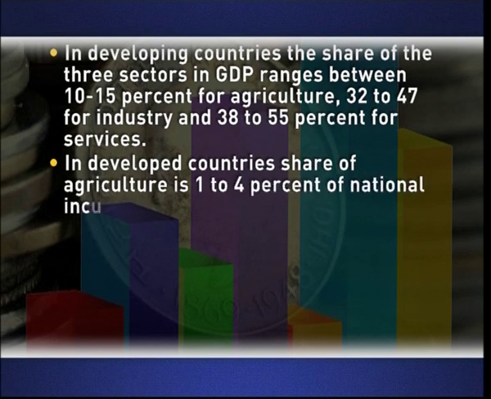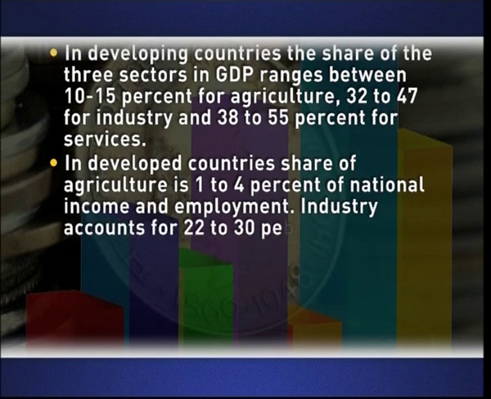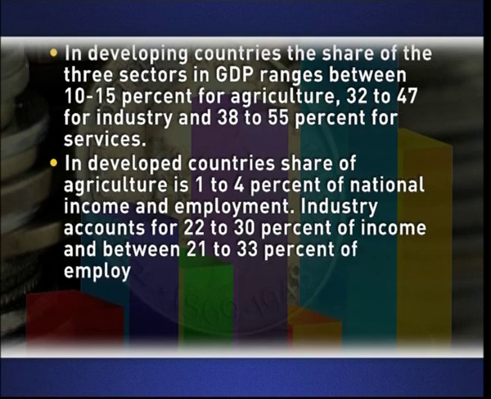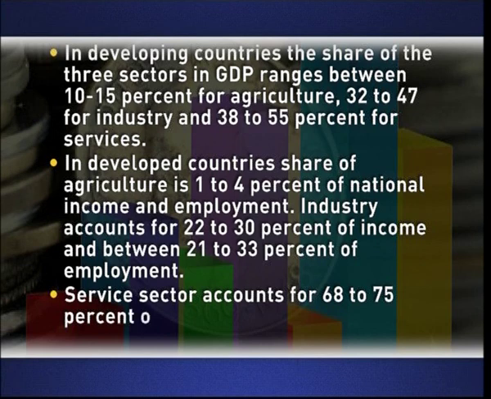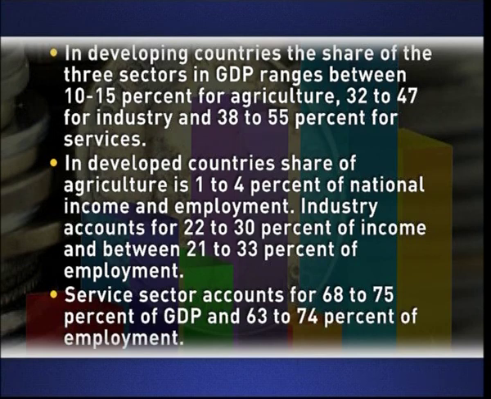In developed countries, the share of agriculture is 1 to 4% of the national income and employment. Industry accounts for 22 to 30% of the income and between 21 to 33% for employment. Service sector accounts for 68 to 75% of GDP and 63 to 74% of employment.